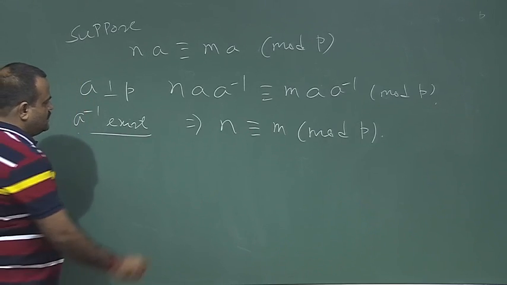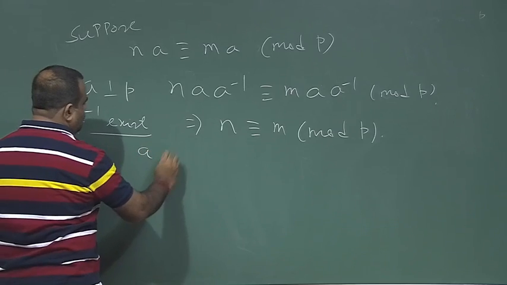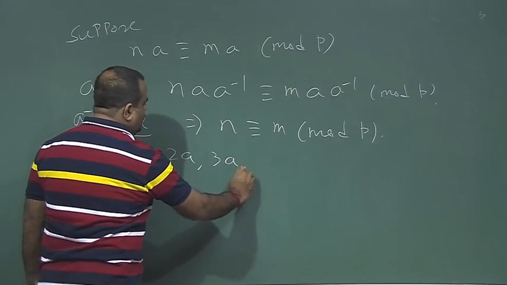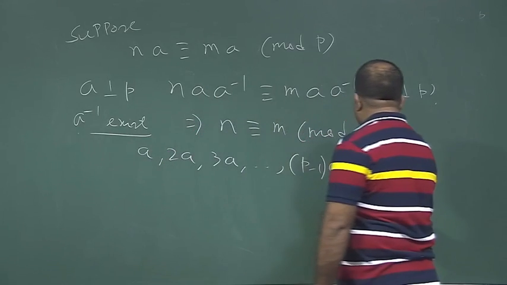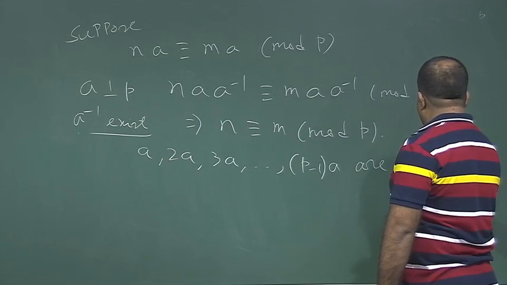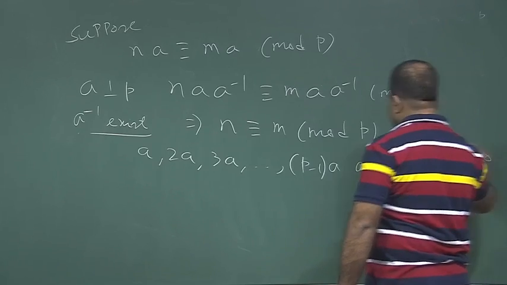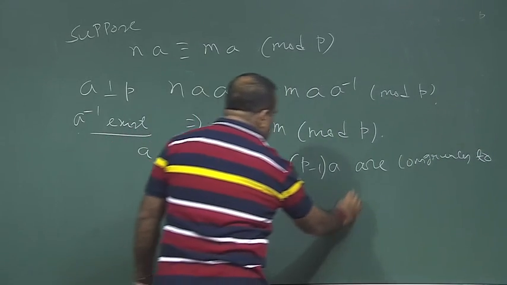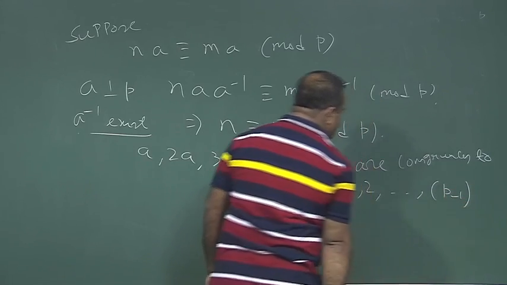So, that means all the elements over here, A, 2A, 3A, up to P minus 1 times A, are congruent to the set 1, 2 up to P minus 1 in some order.